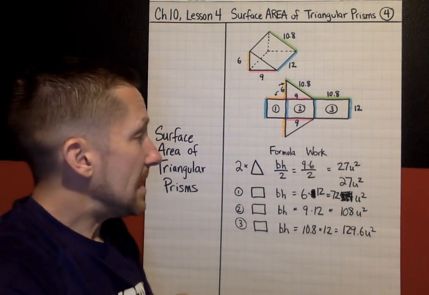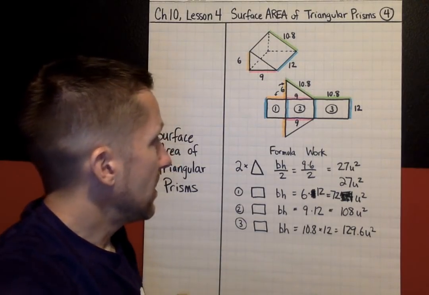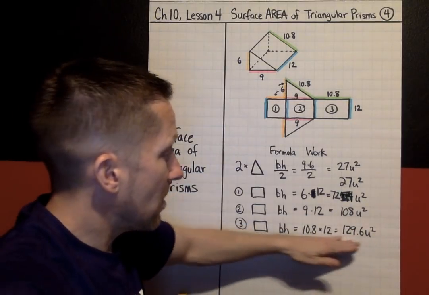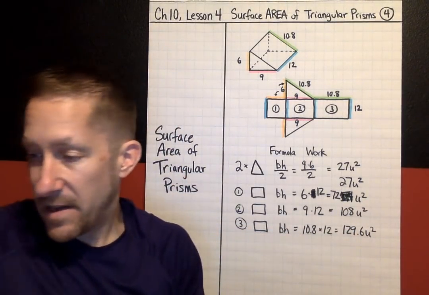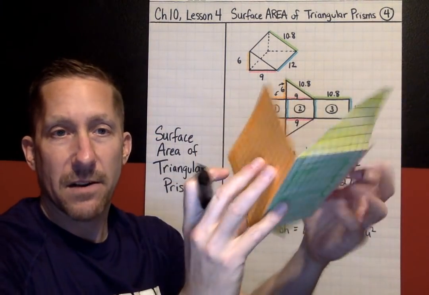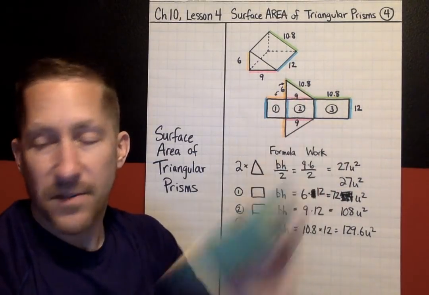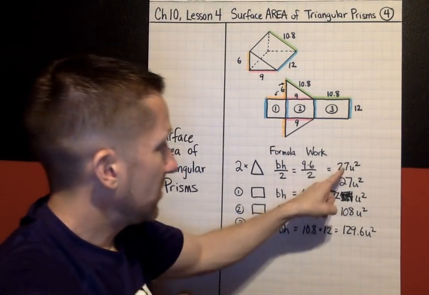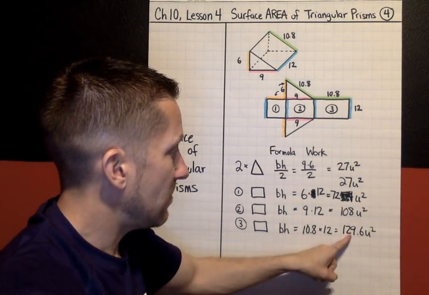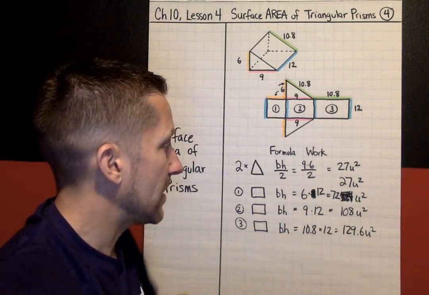All right, the last step. You might be able to guess what it is. I'm going to combine all these shapes into our overall surface area, because here's what it looks like. It's all the shapes put together. When I fold this up, I'm figuring out how many squares for the whole thing. So I need to add 27, 27, 72, 108, and 129.6. I need to total all that. Triangle, triangle, rectangle, rectangle, rectangle.